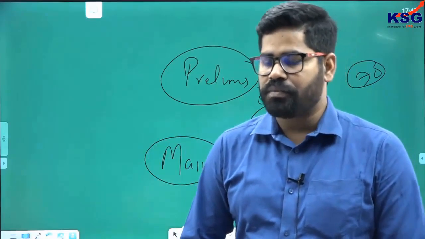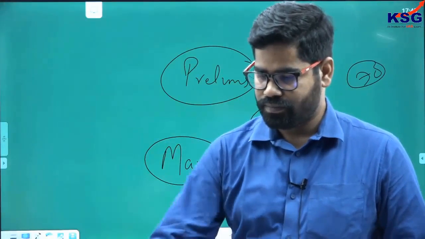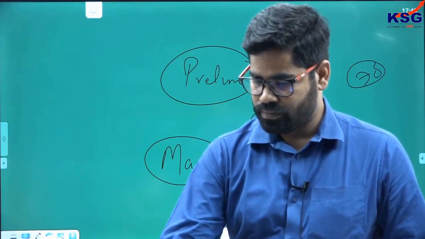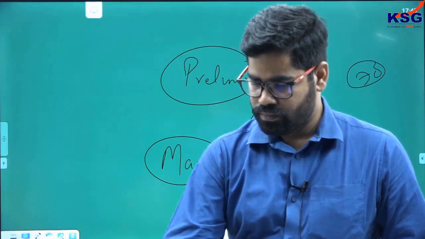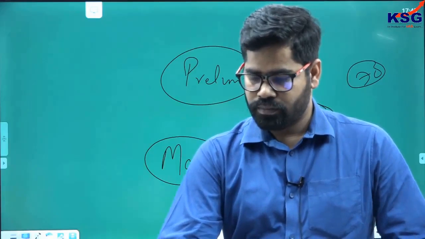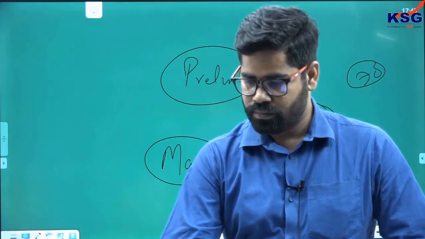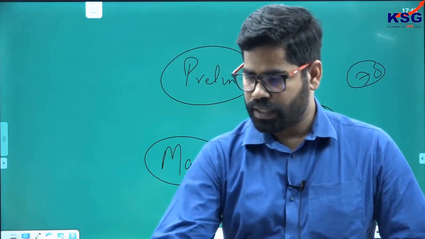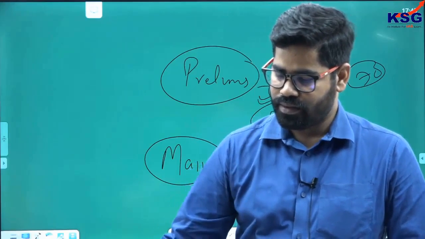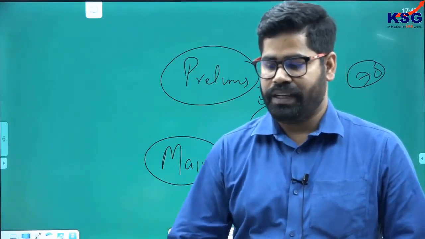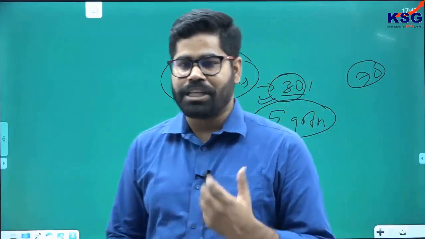Where do you find the dominance of these things? GS paper 3, okay. GS paper 2, GS paper 3, okay. Yes, I have got certain answers, GS paper 2, GS paper 3.